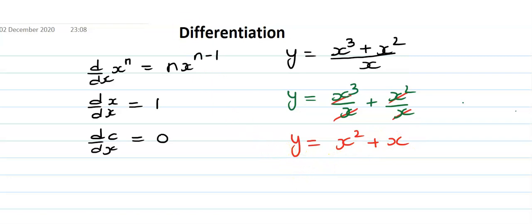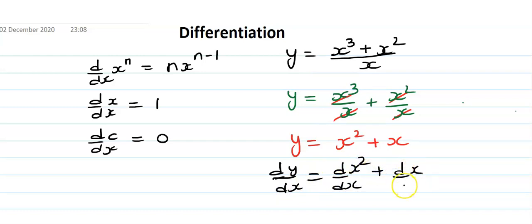So let's put the differentiation of y with respect to x: the differentiation of x squared with respect to x, and the differentiation of x with respect to x. Using this formula, the differentiation of x squared will be 2x, and the differentiation of x with respect to x is equal to 1. So it is 2x plus 1.